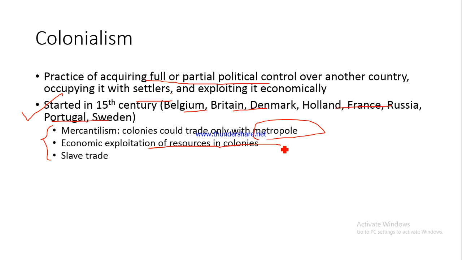And for that, what did they do? They forced the farmers here in India to switch to indigo farming. So these farmers were forced to switch to indigo farming, and more importantly, now they had to rely on somebody else for their own consumption requirements.